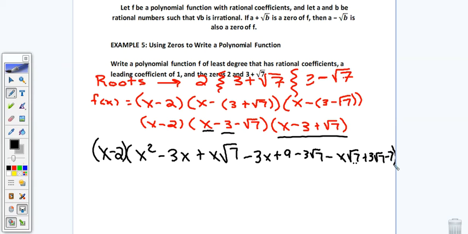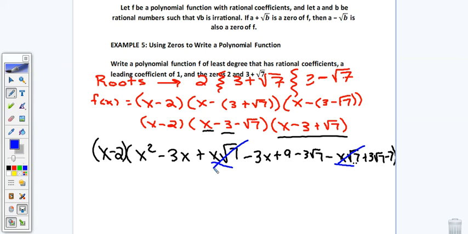Let's look at this long set of parentheses and see if anything cancels out. Guys, I see an x root 7, positive x root 7 and negative x root 7 right here and here. So what are these going to do, kids? They're gone. I also see a positive 3 root 7 and a negative 3 root 7.